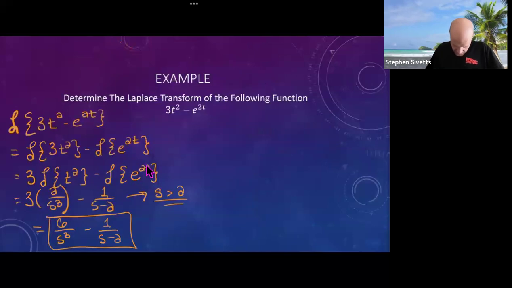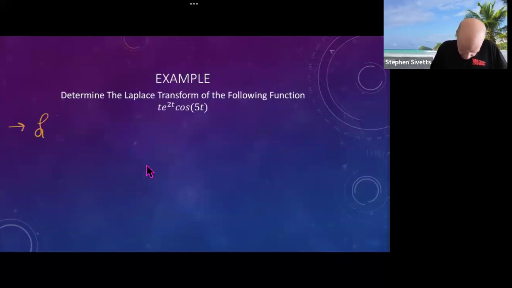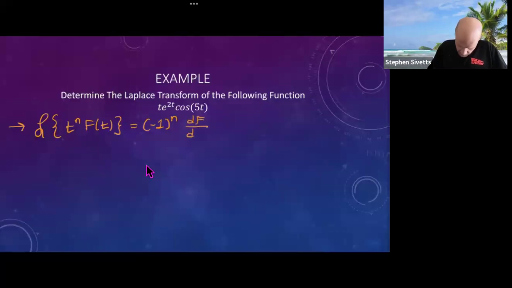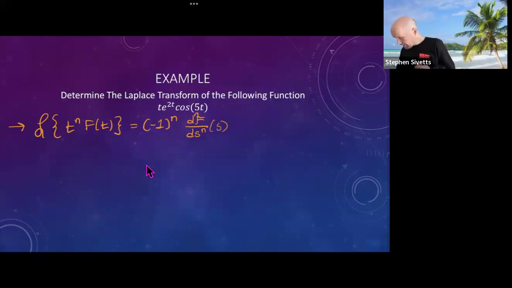The Laplace transform of t to the n times f of t equals minus 1 to the n times the nth derivative with respect to s of F of s. So that is the theorem in question here.